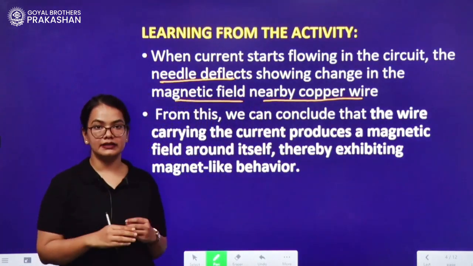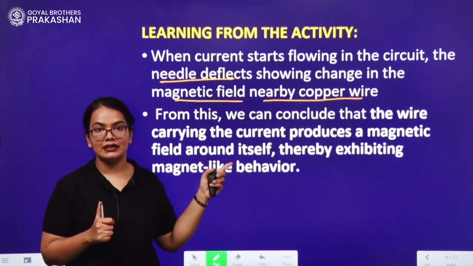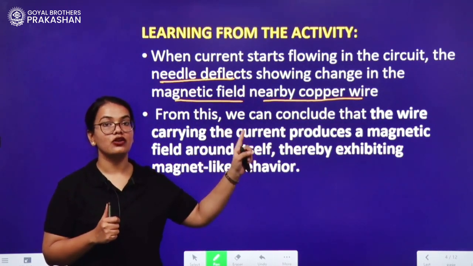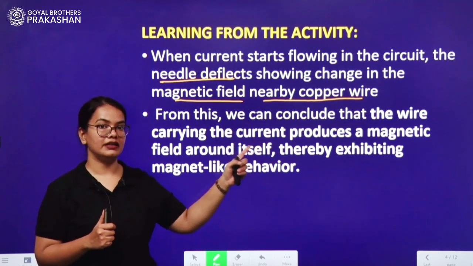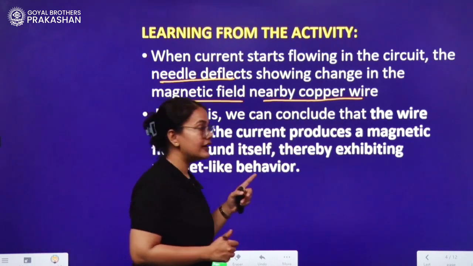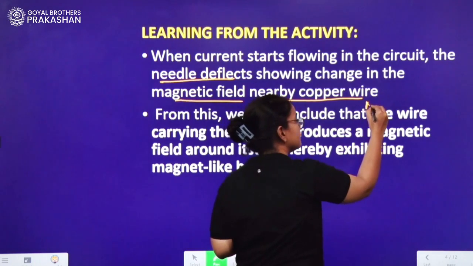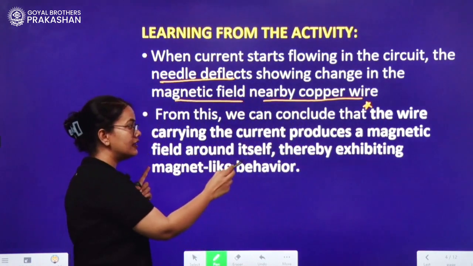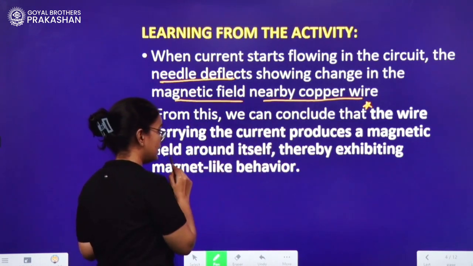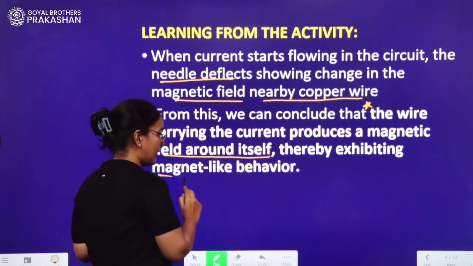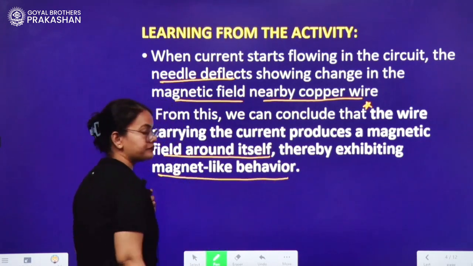The copper wire was placed near the magnetic compass, and the deflection showed that the copper wire has acquired a magnetic character. From this, we can conclude, very important: the wire carrying current produces a magnetic field around itself, thereby exhibiting magnet-like behavior.